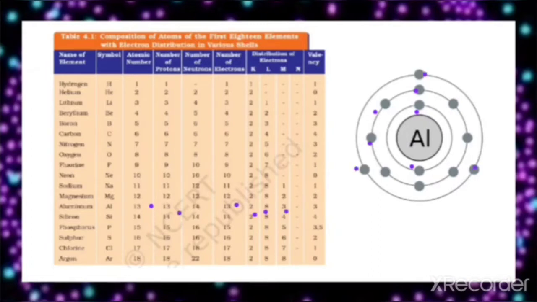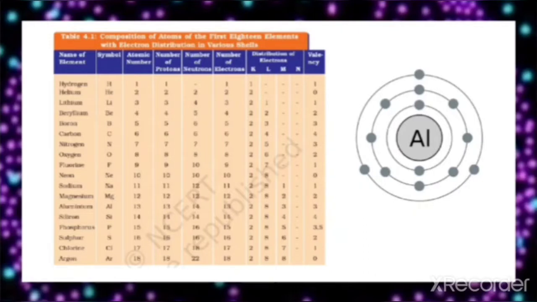So that is the electronic configuration which we have already discussed, and its valence is 3. So this table is showing the atomic number, its number of electrons, protons, neutrons, and the distribution of electrons in the different shells, and its valency is shown here. So that is all about this tabular form.